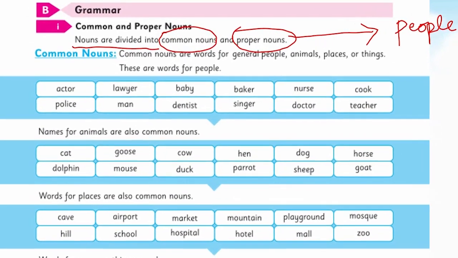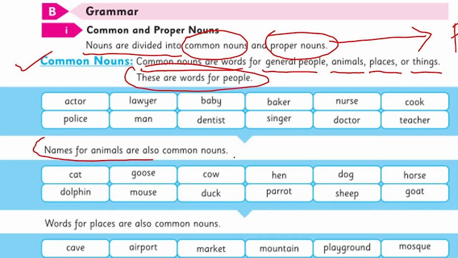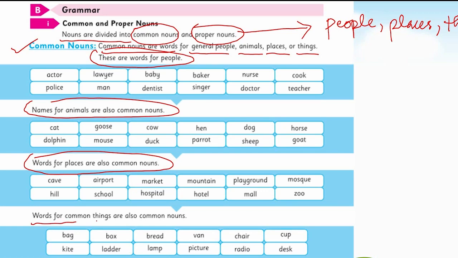Number first is common noun. Common nouns are the words for general people, animals, places or things. Here are the words for the people, here are the words for the animals, here are the words for the places, and these are the words for the common things. So let's check the examples.